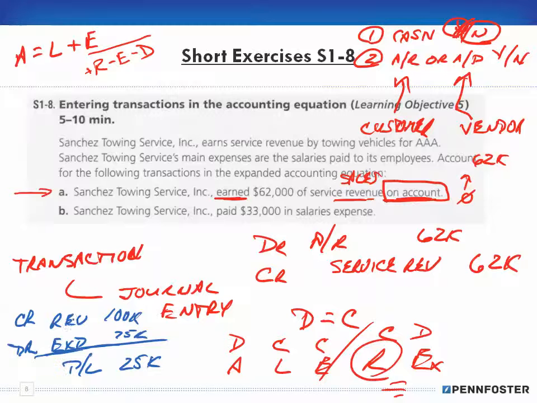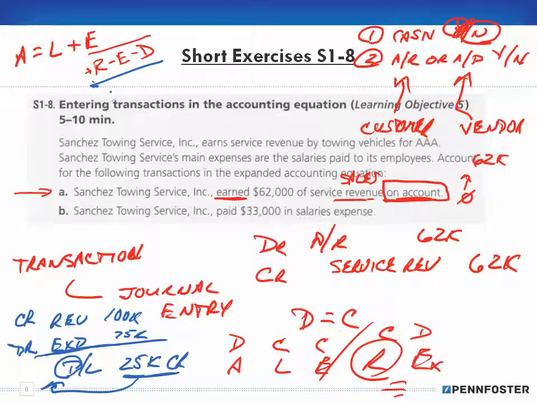And that's a profit. Why? Because I had sales greater than my expenses by 25,000, so I have a profit. And since my revenue was greater, it's a credit. So I have a credit of 25,000 here as a profit. Now remember, I had said up here that the way I like to think about it is we close out our revenues, expenses, and dividends to our equity account.